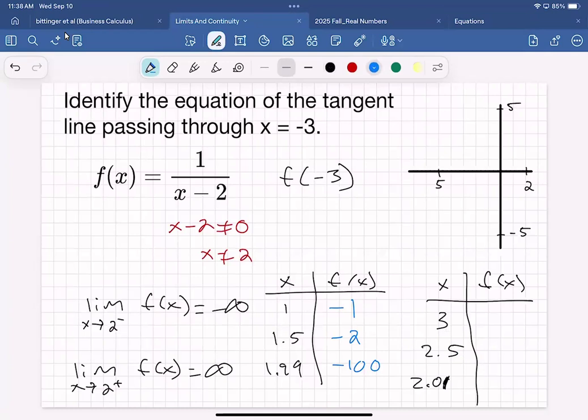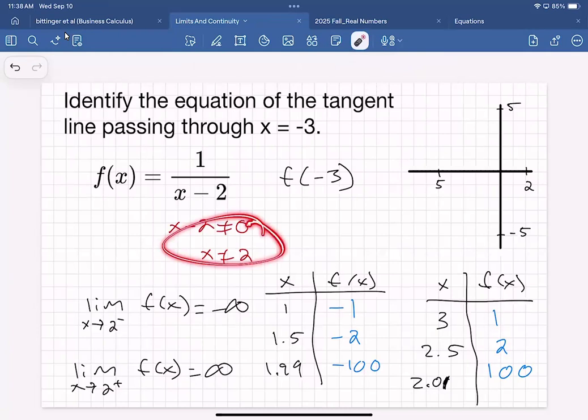So I do that, I get 1, I get 2, and then 100. But the big difference is, even though the values look similar, they're all what? Positive, right? So we couldn't plug in 2, so we knew that it was not continuous there.